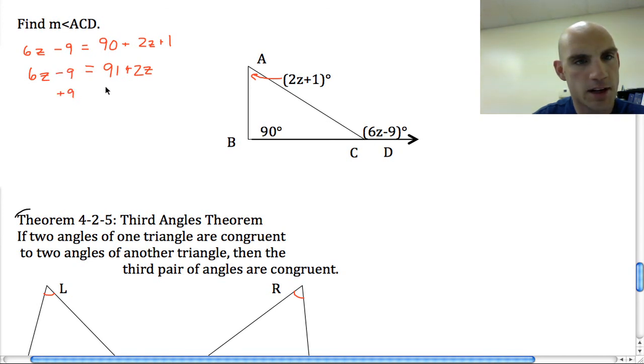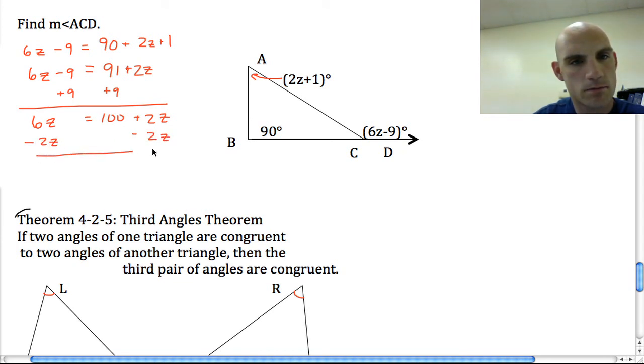I'm going to add 9 to both sides. So I'll have 6z is equal to 100 plus 2z. I'll subtract 2z from both sides. This goes away, so I have 4z equals 100. So z is going to be 25.